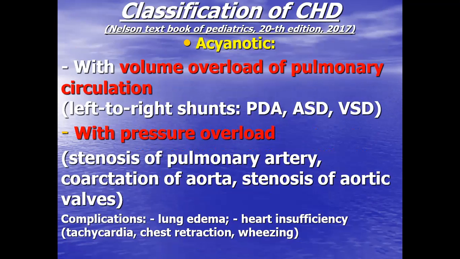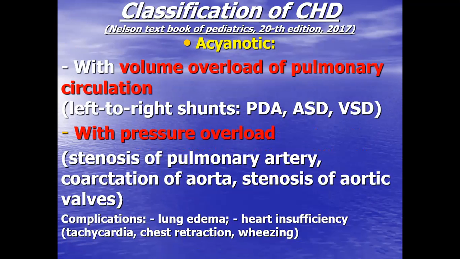And then acyanotic congenital heart defects are subdivided also into two groups. With a volume overload of pulmonary circulation, these congenital heart defects have left to right shunts. So this is patent ductus arteriosus, atrial septal defect, and ventricular septal defect.